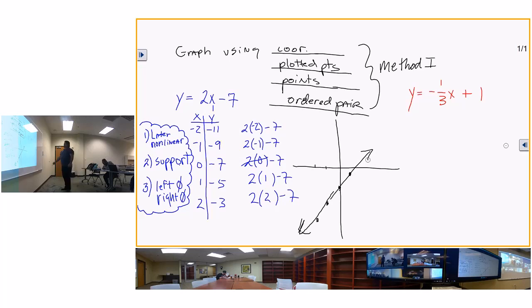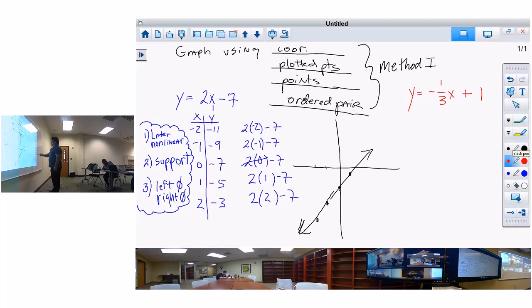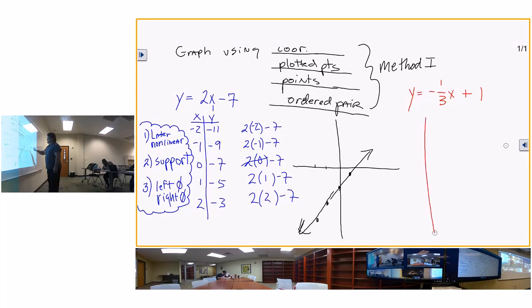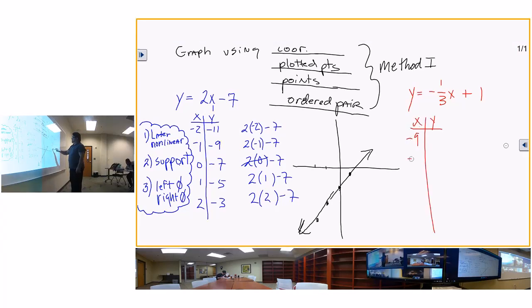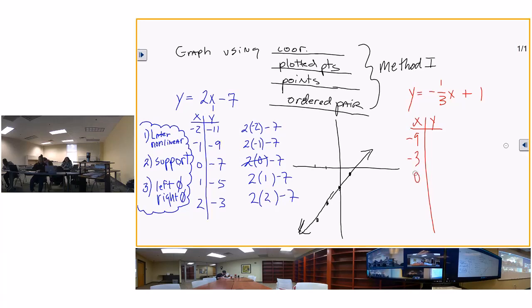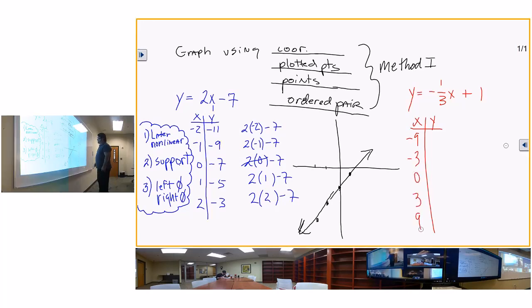All right, let's go to the red. Which ones am I going to use here? Wow. -9, -3, 0, 3, and 9.